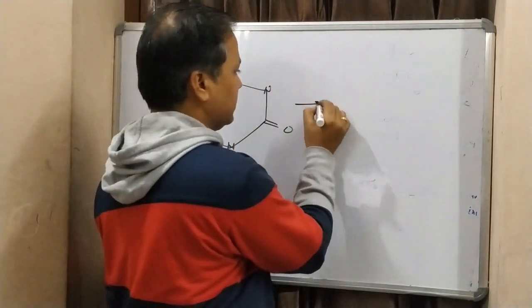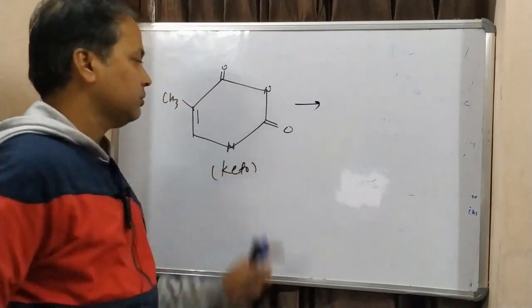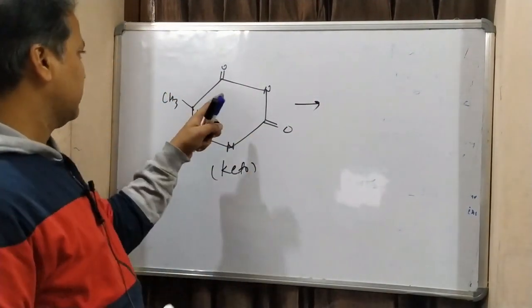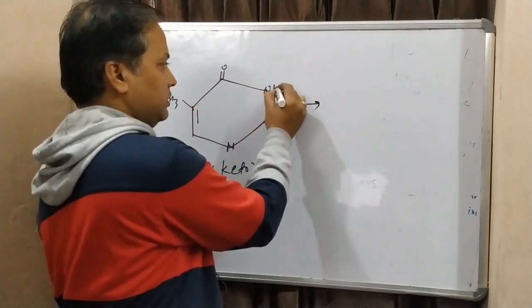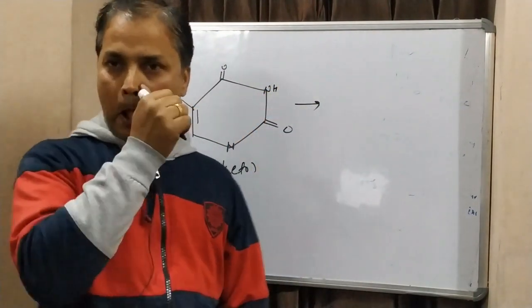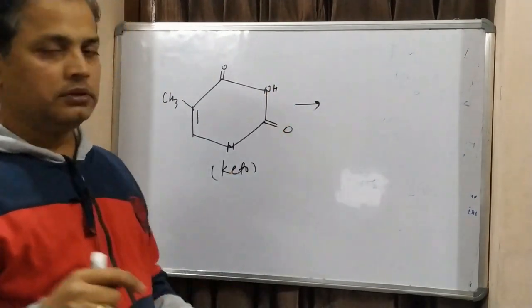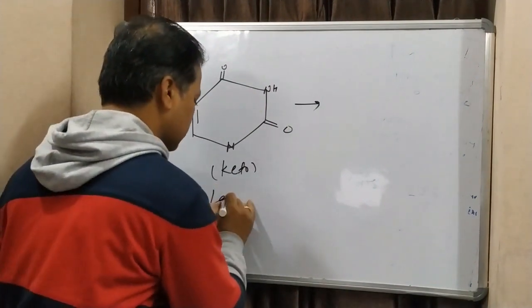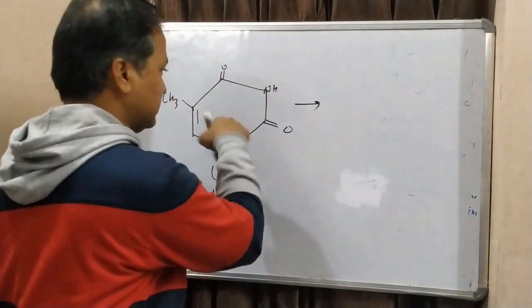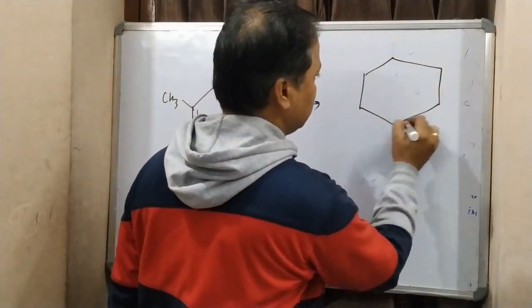This is keto form, and in the ring structure, this is NH. Hydrogen is going to transfer from nitrogen to carbon, so you can call it lactam form. It is also called lactam form because it is a ring structure. So now it can also exist in another structure.